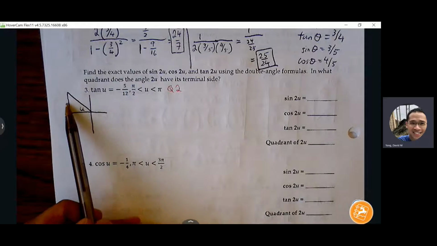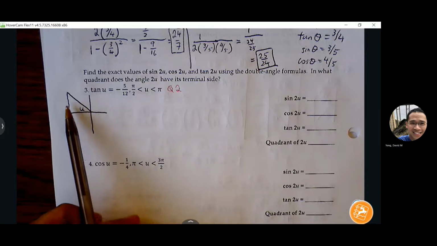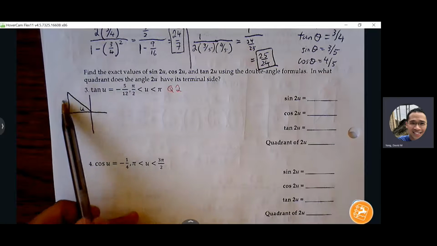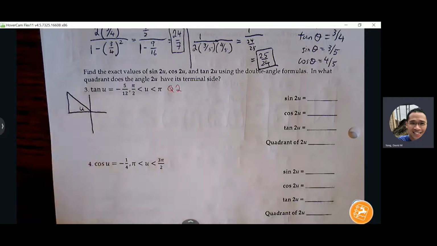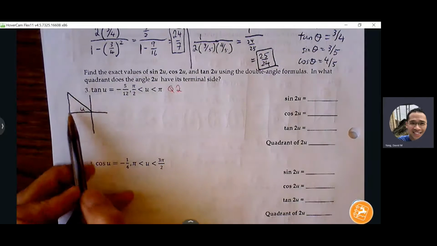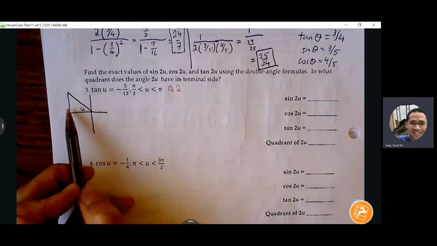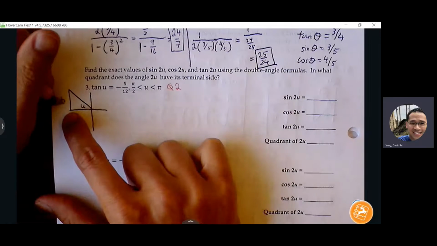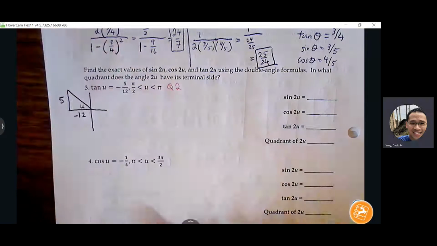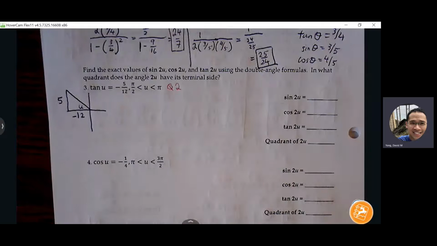Can I say it's -5/12? It's 5/-12. I think I made that mistake yesterday as I was working through one of the problems with you, because I saw the negative with the numerator and I put a negative here, but this is a positive y value, right? So it's going to be 5/-12. Everybody okay with that?